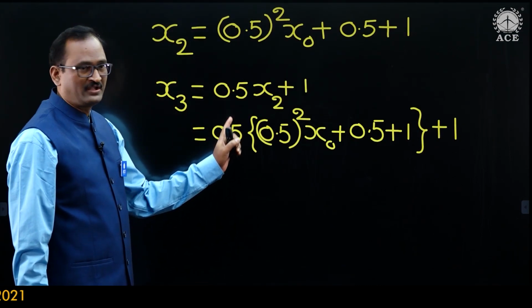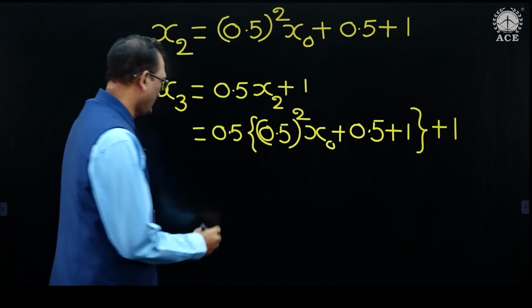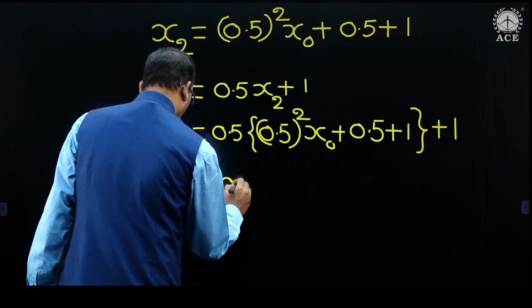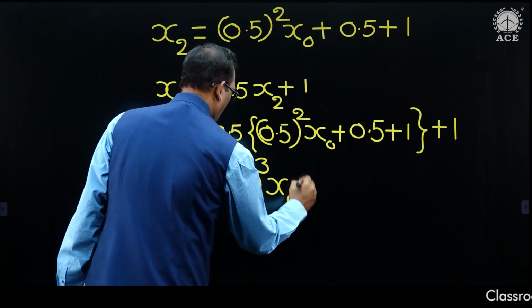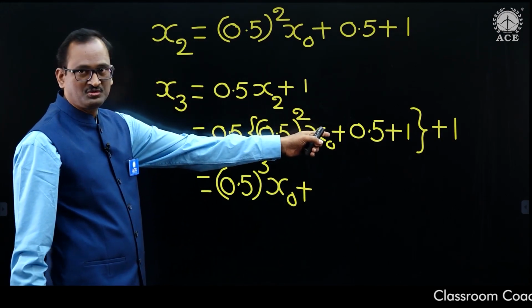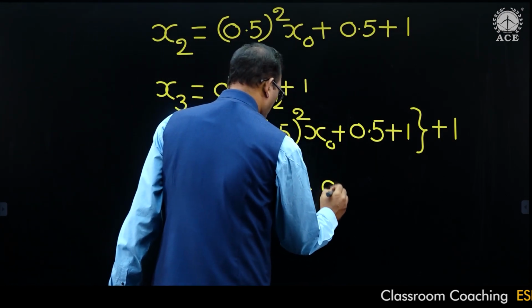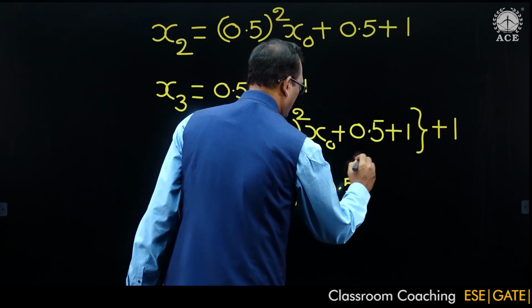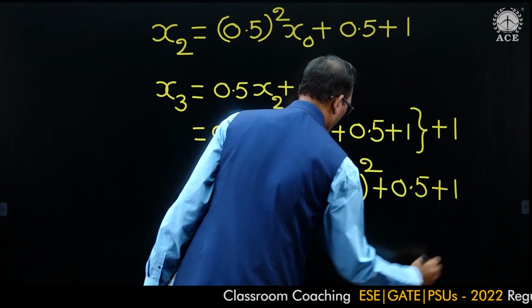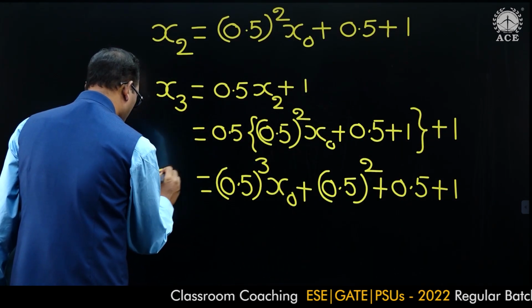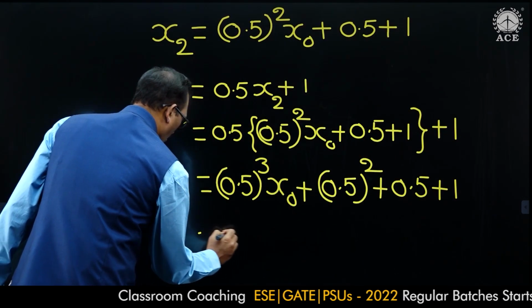Now 0.5 into 0.5 whole square, that is 0.5 whole cube x0 plus 0.5 into 0.5, that is 0.5 whole square, plus 0.5 plus 1. We are just guessing its values, and so on.